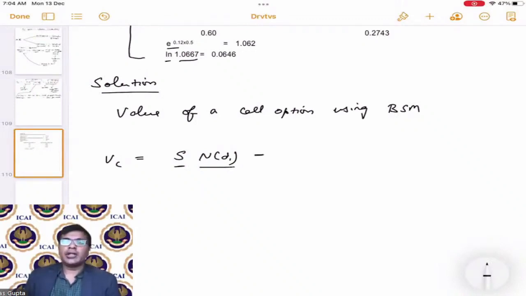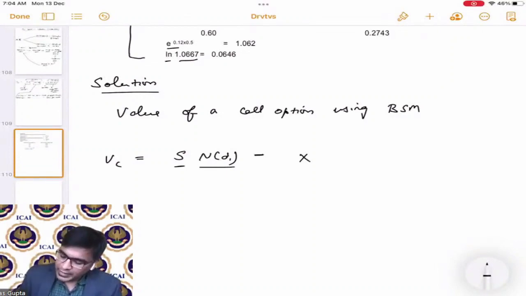From that, we are going to reduce the cash inflow. The cash inflow is going to happen of the strike price, because we have written the call option. That means we have to sell the share, so we will get the strike price equivalent amount.